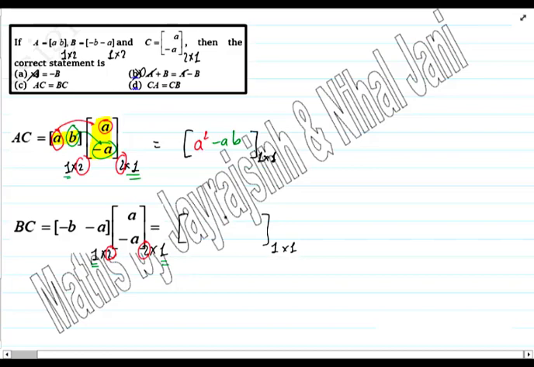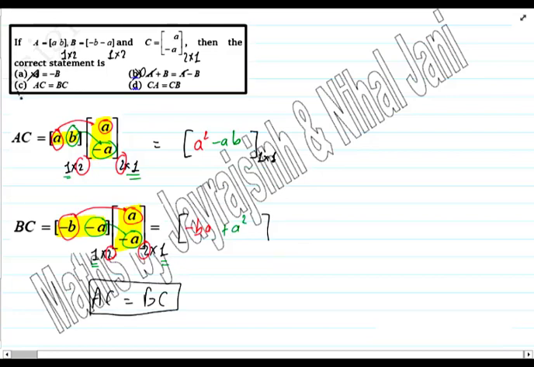So here we also have the one and only element, which will be produced by multiplication of the one and only row with the one and only column. So here we will get BA minus B actually, and minus A with minus A will give us plus A square. So as you can see, the resultants of A into C and B into C are equal to each other. So tada! Option C is your correct answer.